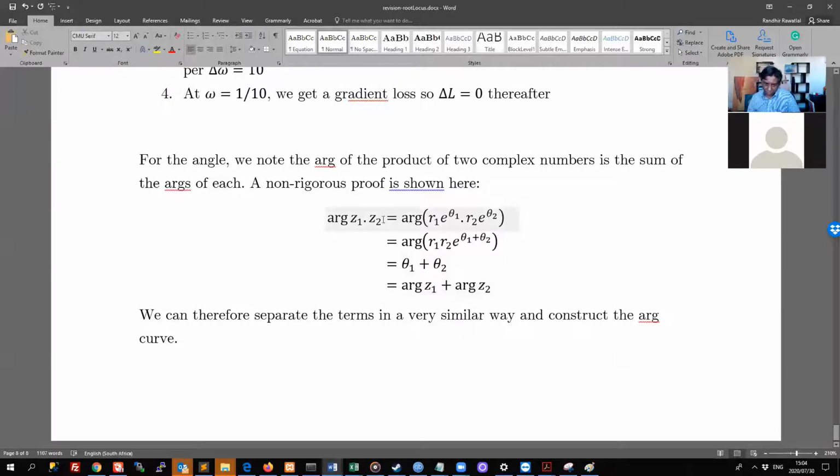That's based on the fact that you can translate these two complex numbers into their product in polar form. So when you multiply them in polar coordinates, you'll end up just adding the angles together. When you multiply these two exponentials, those angles just add together. And so the argument of this is just going to be θ1 plus θ2, which is just the sum of the arguments of the two numbers.